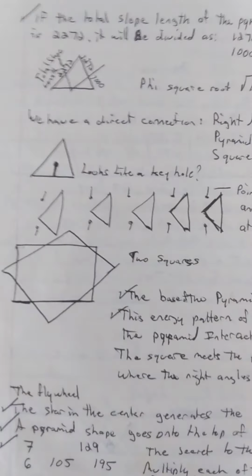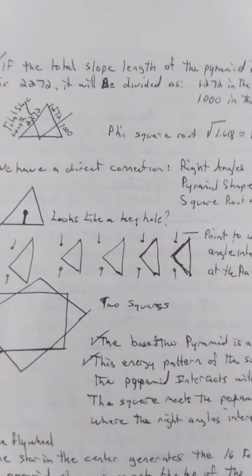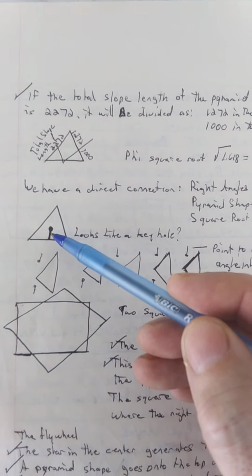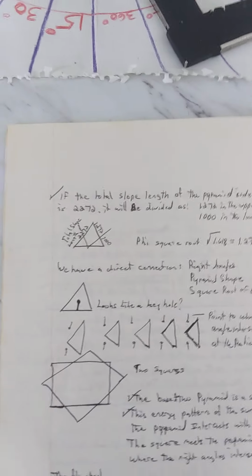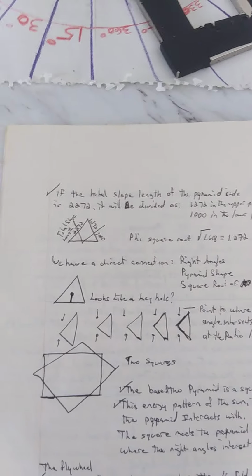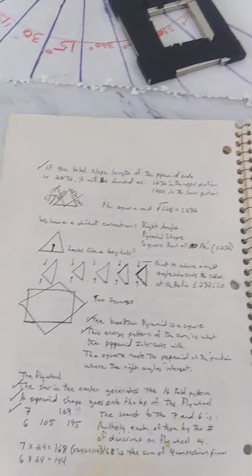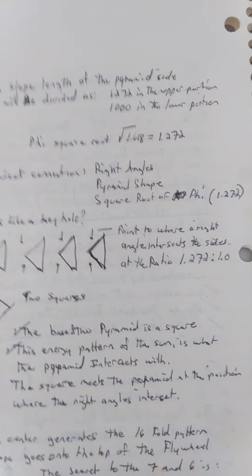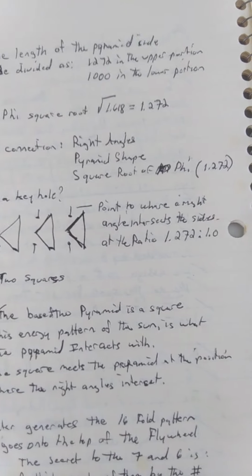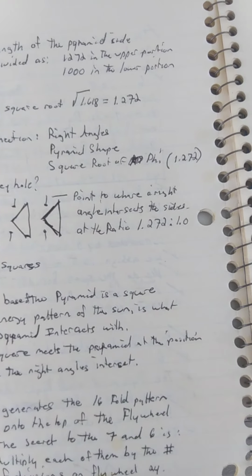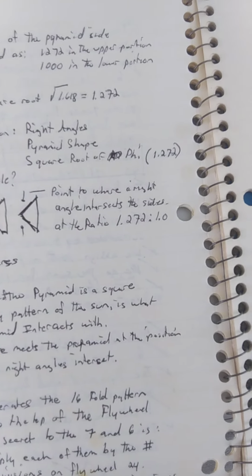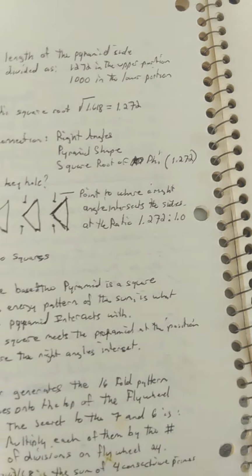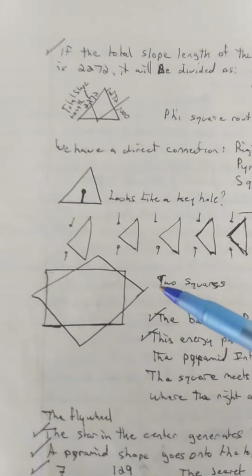It's showing you the keyhole, in the perfect incommensurable shape. It is the point where a right angle intersects the sides at the ratio of 1.272 to 1. Okay, so you're dealing with two squares.